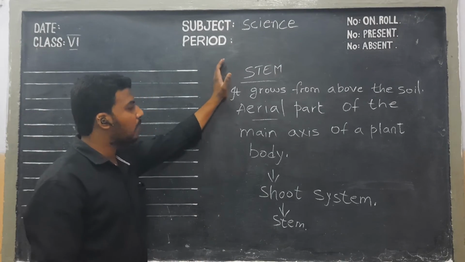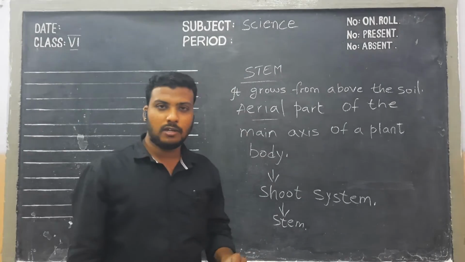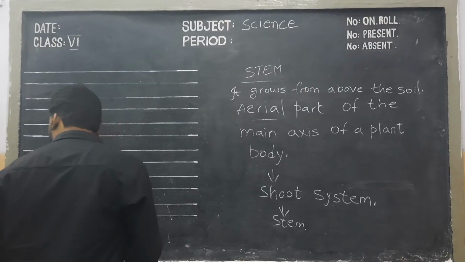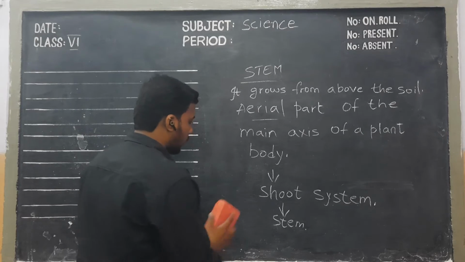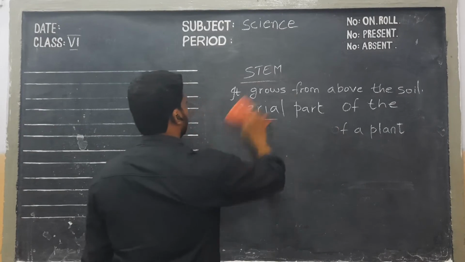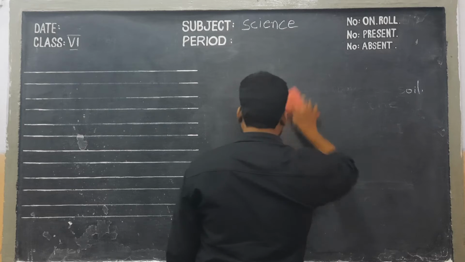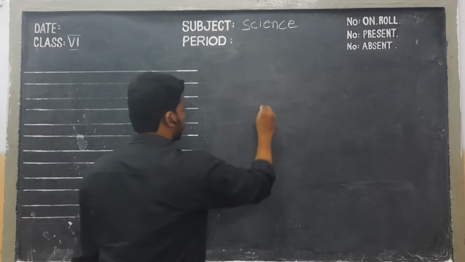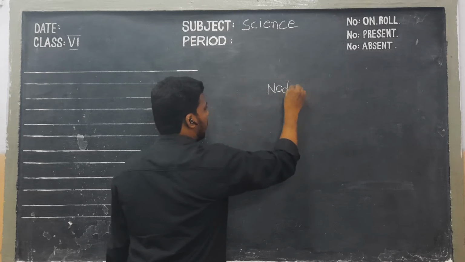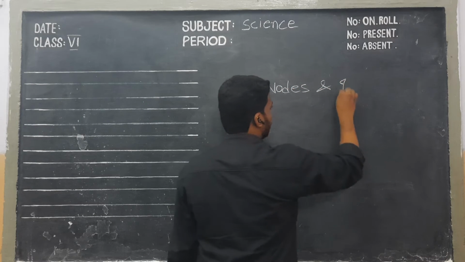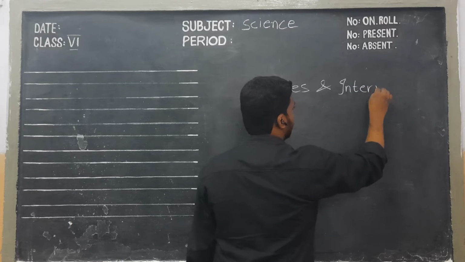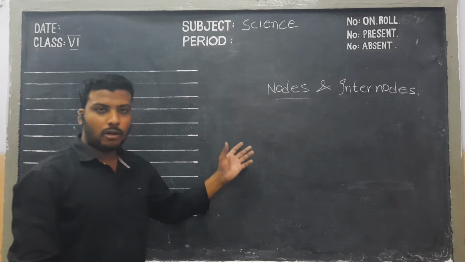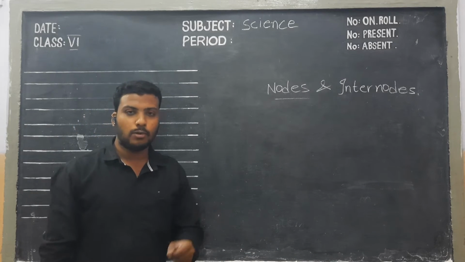And the stem mainly consists of two parts, children. You cannot say two parts, it contains two regions: nodes and internodes. What is a node, children? The part of the stem where the leaf grows is called a node.